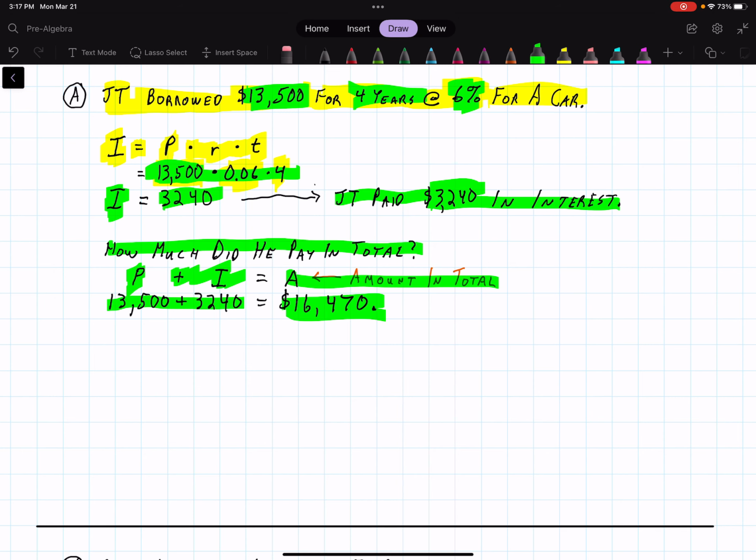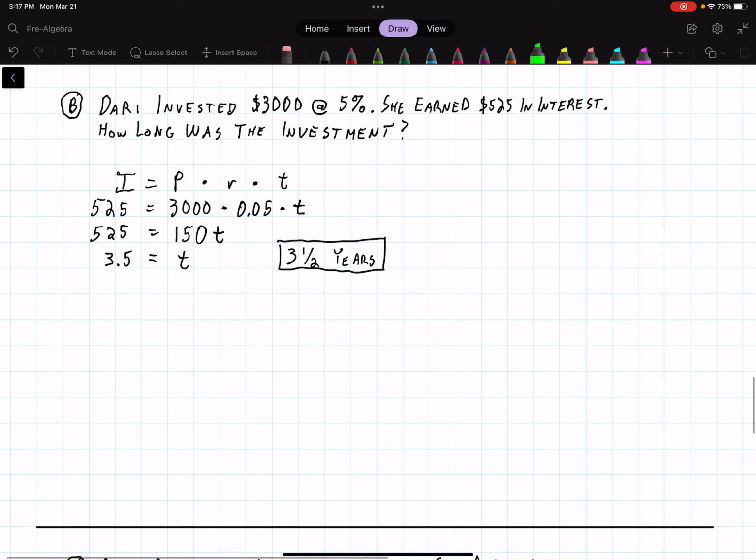All right, so now after that problem, we got this problem here, and this problem is Dari. She invested $3,000 at 5%. She earned $525 in interest. How long was her investment? When we go back to our interest equals principal times rate times time, that's our standard formula.